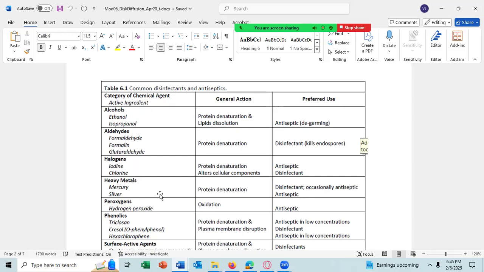Because antibiotic resistance is a problem, we've now brought heavy metals back. Oftentimes in surgical dressing, they'll put a heavy metal in there to help prevent the wound from getting infected. Any question about any of that?